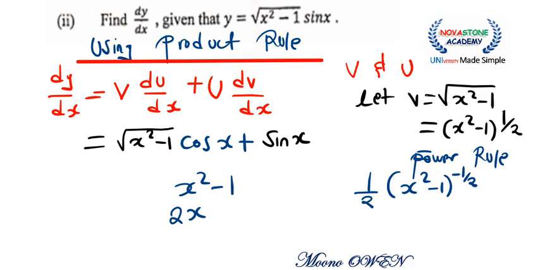So our answer is 2x, and I'm going to multiply this by 2x. So basically that is the power rule. That is what we're going to put where it needs to be put. Or if you want, we can simplify it further. If you want to simplify it further, how is it going to be?